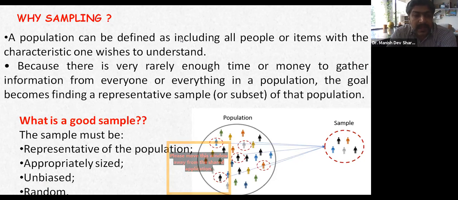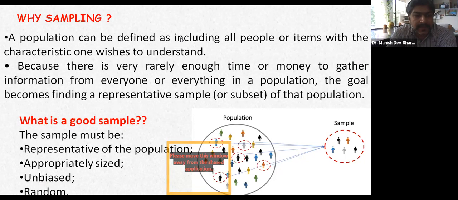The other thing is appropriately sized. You should not make a big size and not even a tiny size. If you select a big size, it will take too much time for your research. It may be that in that time the behavior of all those people may have changed. So it should be appropriately sized, so that the whole work can be carried out in a particular period.